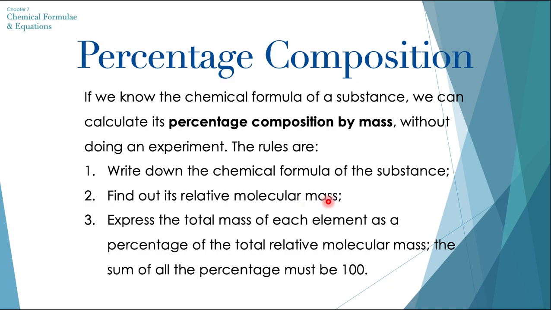Number 3, we express the total mass of each element as a percentage of the total relative molecular mass. And the sum of all the percentages must be 100. The first steps are pretty easy, but the third step is something we need to learn to do.